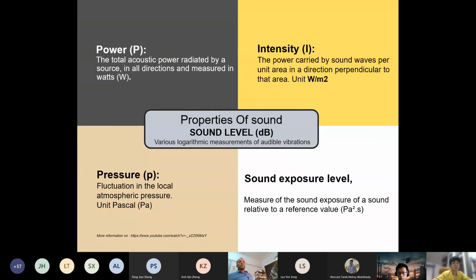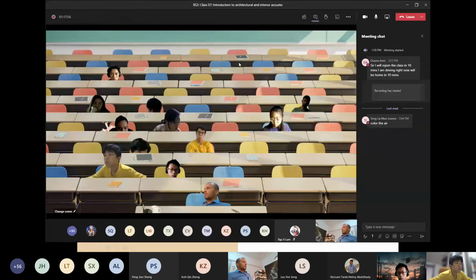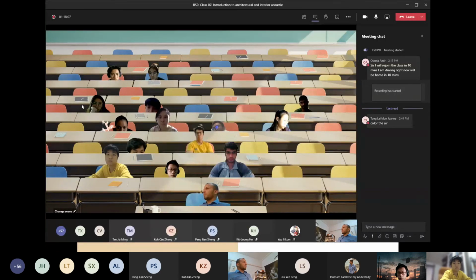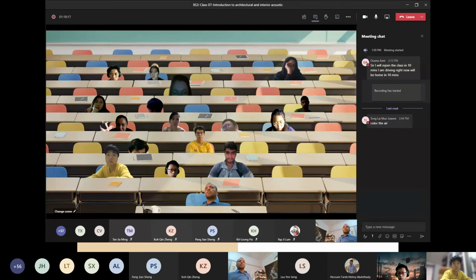Now, this slide is very important. Always, as an architect, you should not... Where are the other students? Are they absent? Where is Merit, and where is his friend?